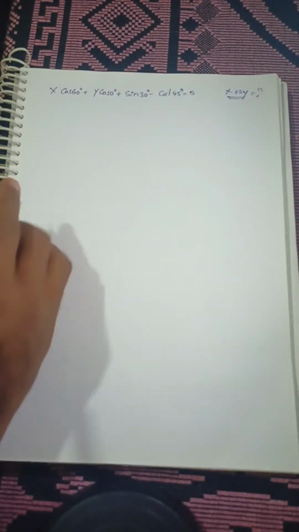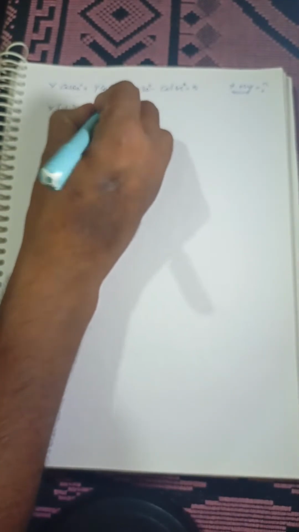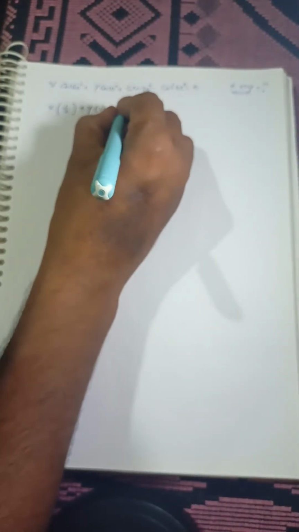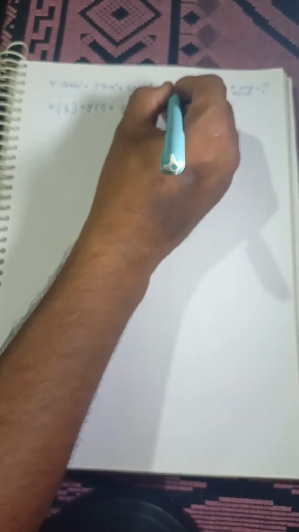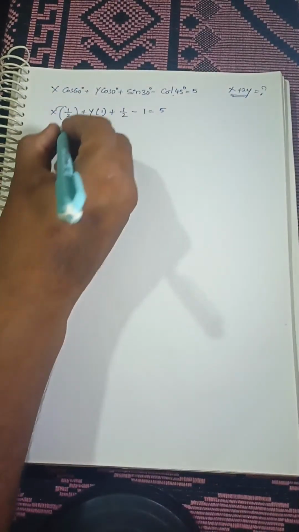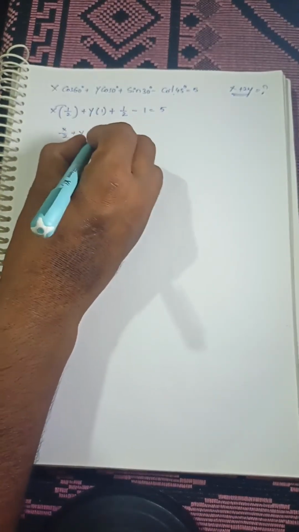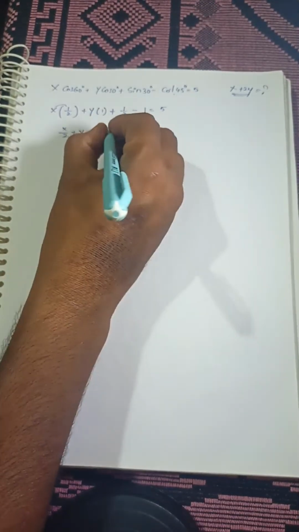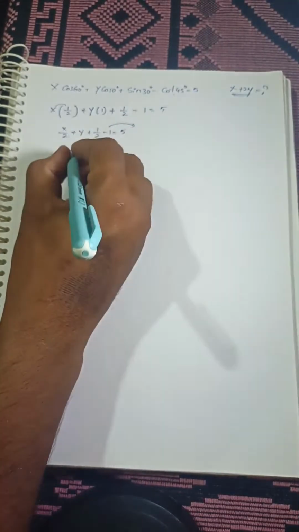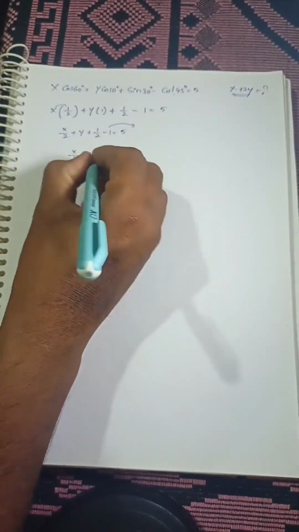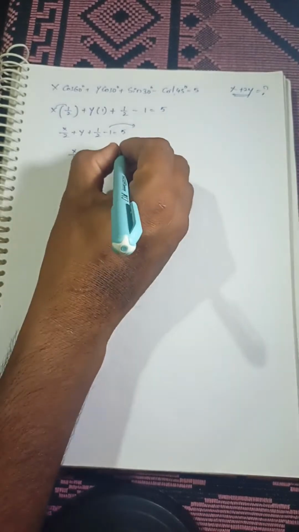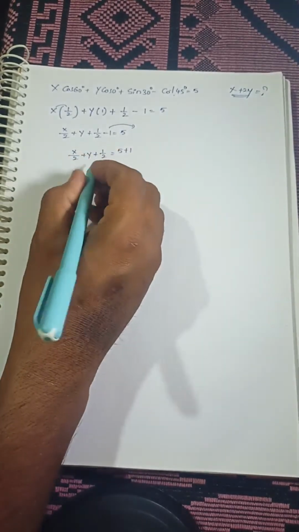Now we have to do the following. x into cos 60 degrees value is 1 by 2, plus y into cos 0 degrees value 1, sin 30 degrees value 1 by 2, cot 45 degrees value 1, is equal to 5. x by 2 plus y plus 1 by 2 minus 1 is equal to 5. Minus 1 taken to the other side becomes plus. x by 2 plus y plus 1 by 2 is equal to 5 plus 1, that is 6.